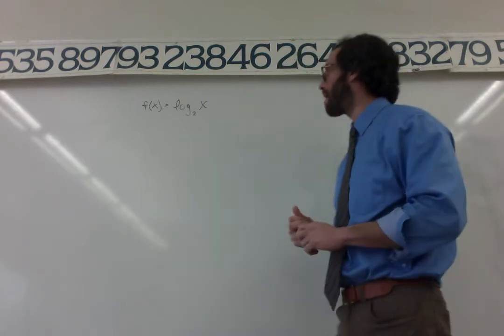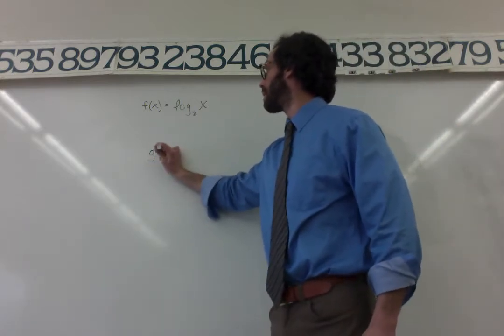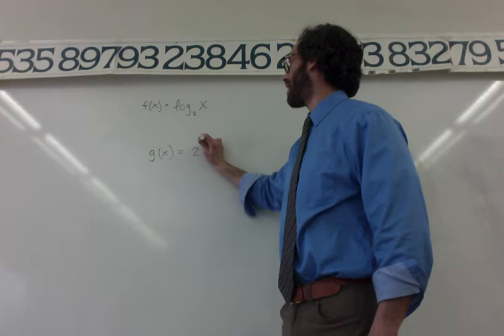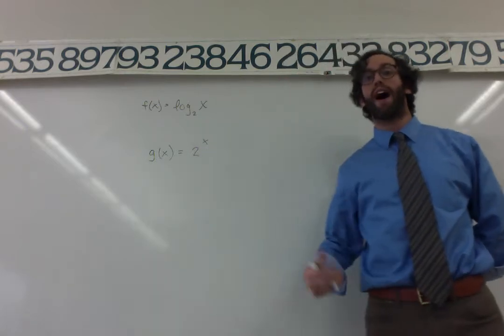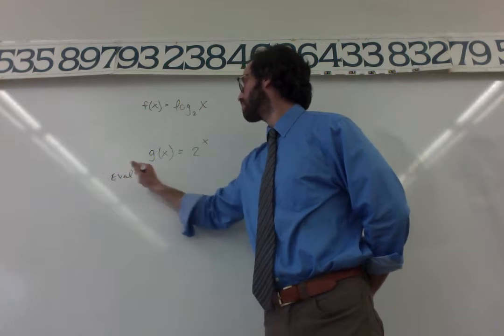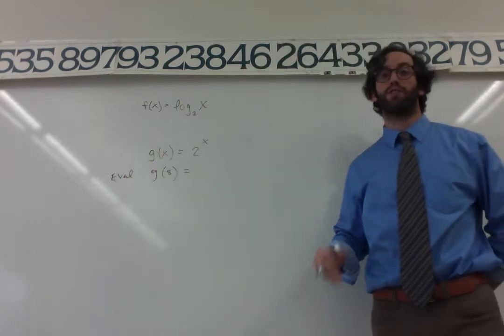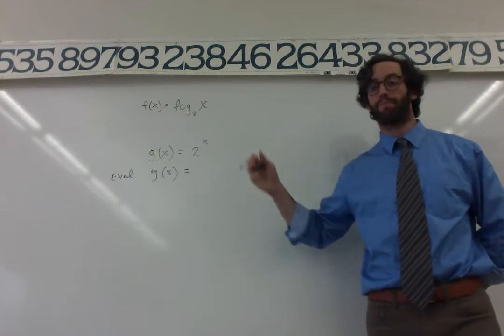Just to remind you, if you were given the function g of x equals 2 to the x power, and you were asked to evaluate g of 8, think about what that would be asking you to do. You plug in 8 for x, right?